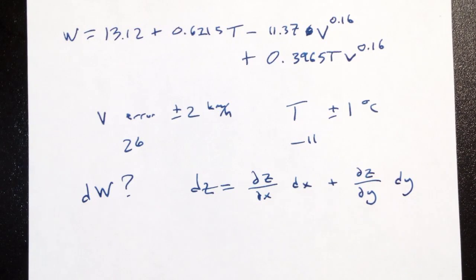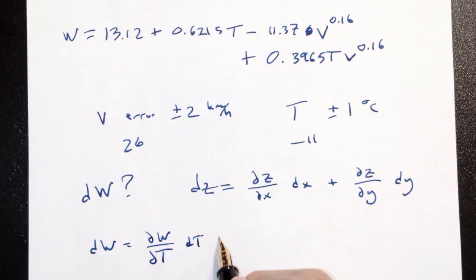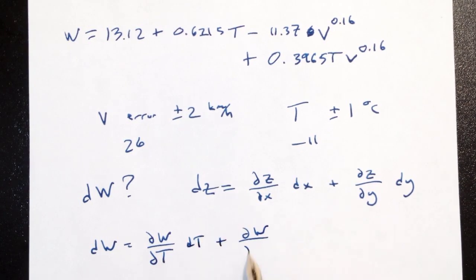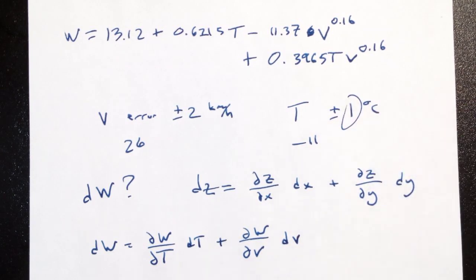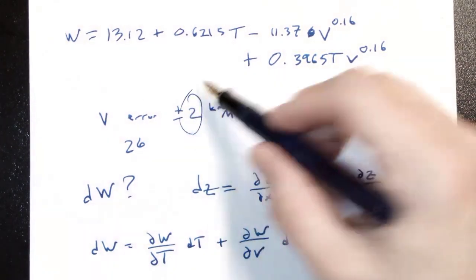So in order to calculate dW, I do the partial of W with respect to T times dT, and then the partial of W with respect to v times dv. Oh, wait a minute, what's dT? There's dT, the possible change in temperature. And what's dv? There's dv.